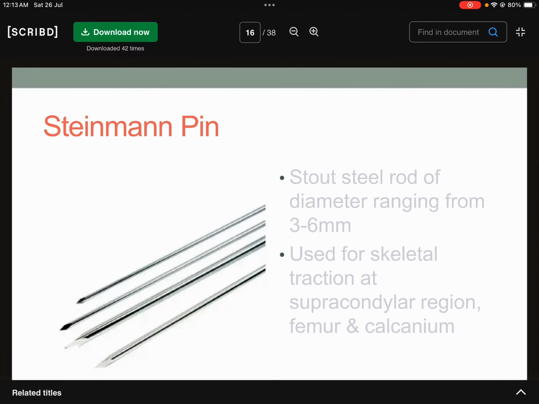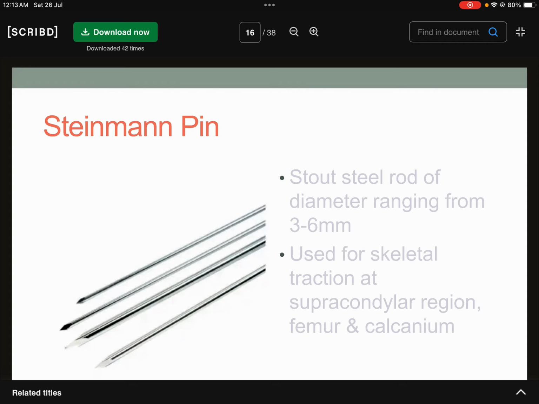This is the Steinmann pin. Steinmann pin is a stout steel rod used for skeletal traction. In case of Steinmann pin, there is no thread. In case of K-wire, the sharp end is present at both ends of the rod.